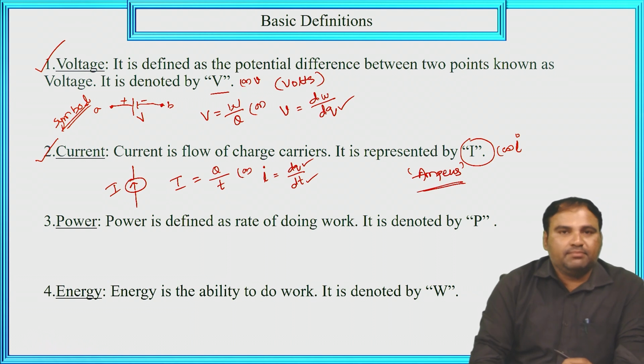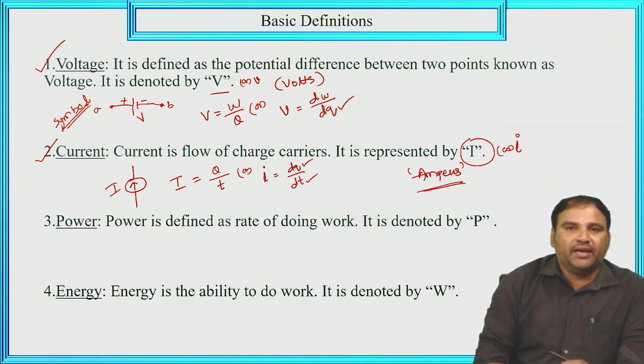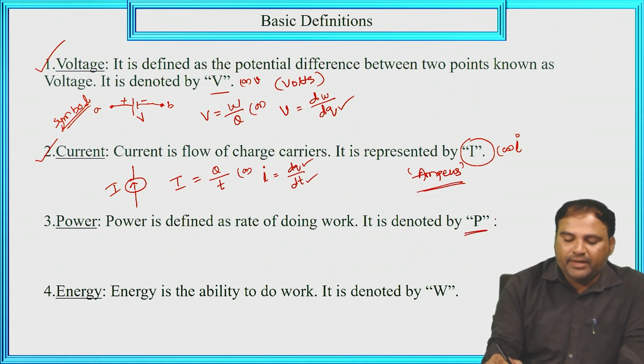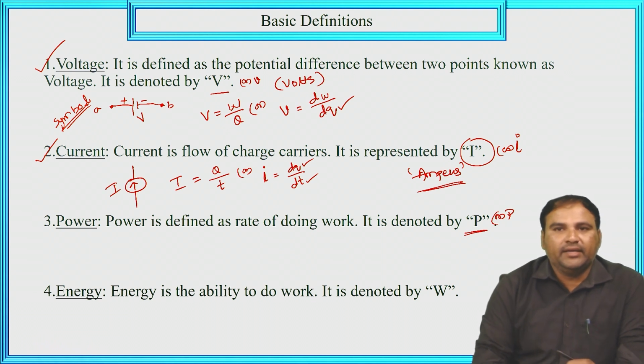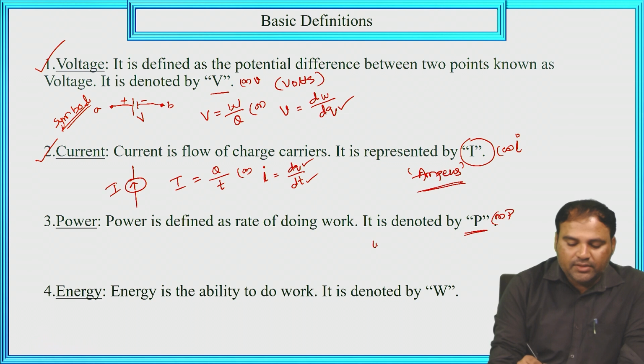And the third one is power. Power is the rate of doing work. It is denoted by capital P or small p, and the unit of the power is watts.